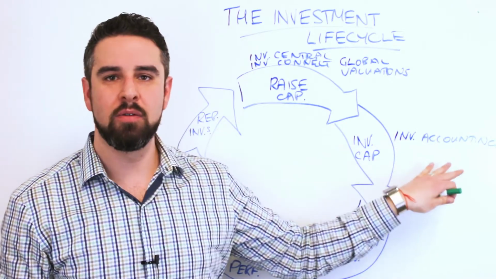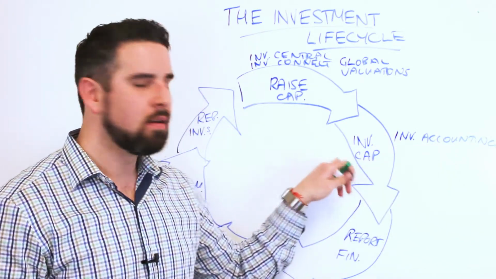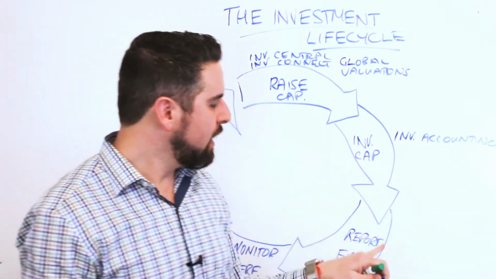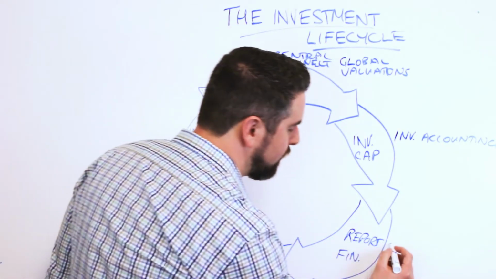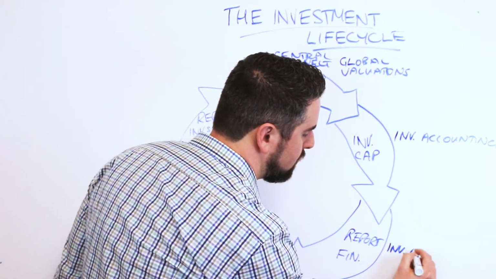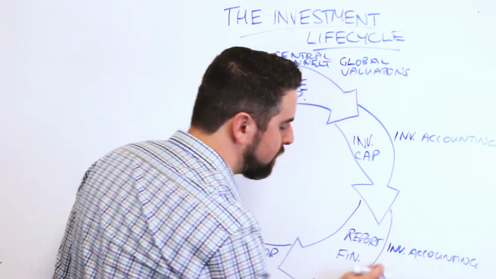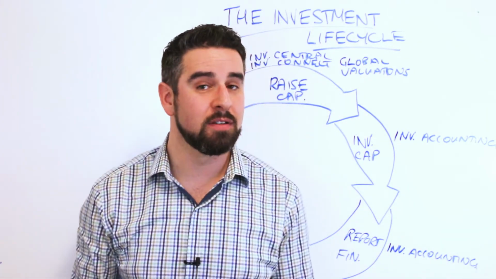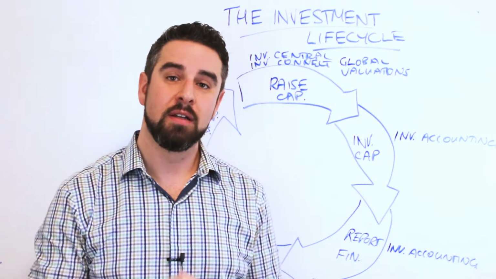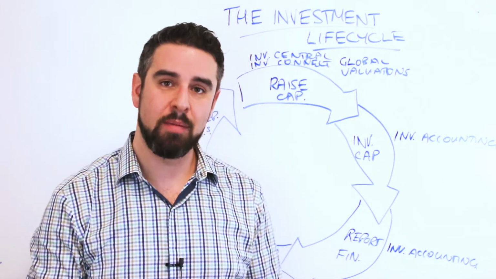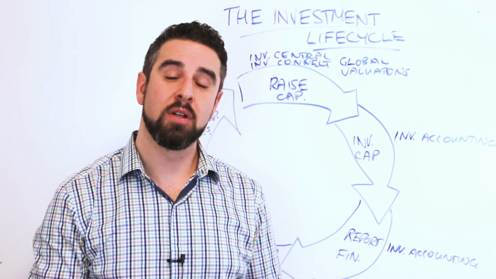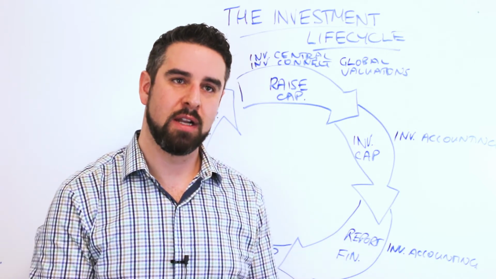This is the tool for accounting when you invest capital. It is also the tool over here for generating your financial reports on those investments. It can generate consolidated balance sheets, trial balances, income statements, but also investor-specific financial reports.